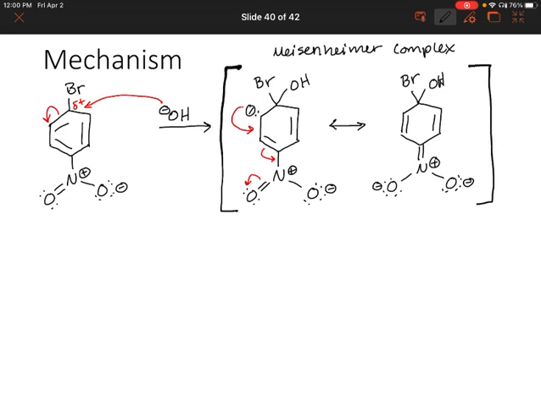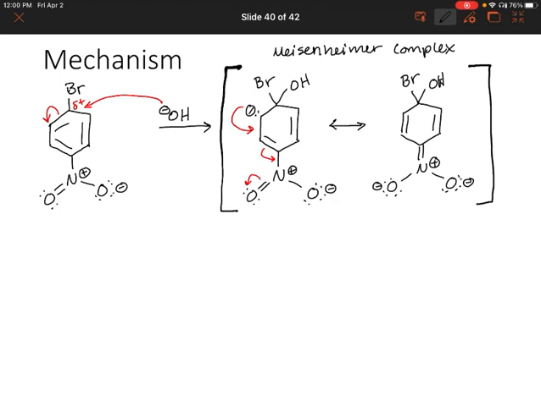So if that nitro group was in the meta position, for example, this wouldn't work. We would have a very unstable intermediate. So that's why the nitro group and the leaving group have to be either opposite each other or right next to each other.